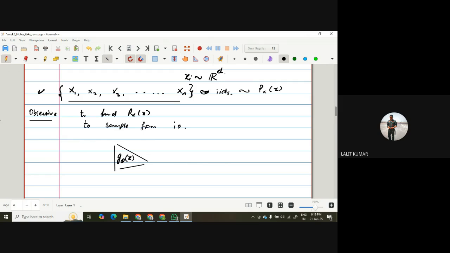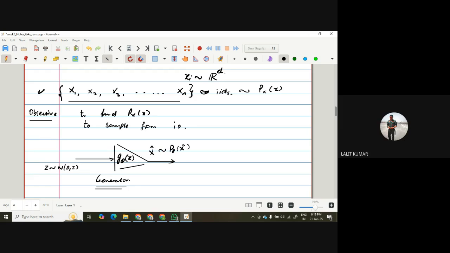So we said that if we pass, for example, z belonging to normal distribution 0 to I, it gives an x tilde, x cap, which is coming from p theta of x cap. So this is your generator, taking samples from normal distribution and giving output some x cap.